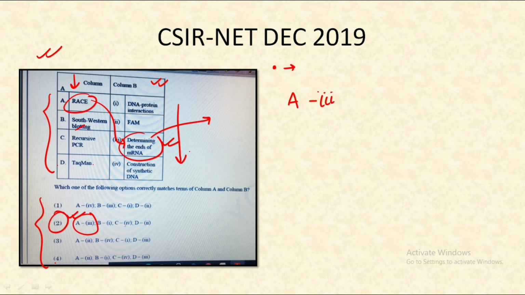So if we analyze the options that are given in the question, we can see that A matches with the third option in only one particular option. So even without knowing the answers to all the other 3, we can easily find out the answer for this particular question. We know that RACE is used for determining the ends of the mRNA, and you got the answer. So you can see that it is very easy to solve these match the following type questions by just knowing even a bit of knowledge about the same.